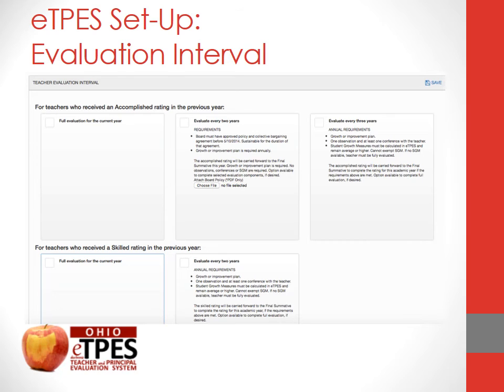And since this is the first year of the Ohio School Counselor Evaluation System implementation, there is no option yet for the school counselor to be evaluated less frequently. This option will be available for school counselors beginning with the 2017-2018 school year based on the earned ratings of accomplished or skilled that the school counselor would earn this school year.